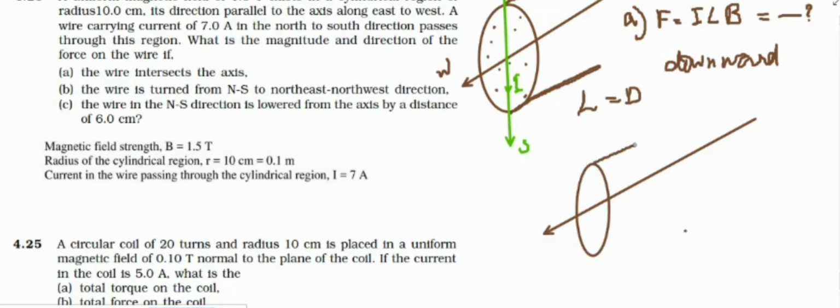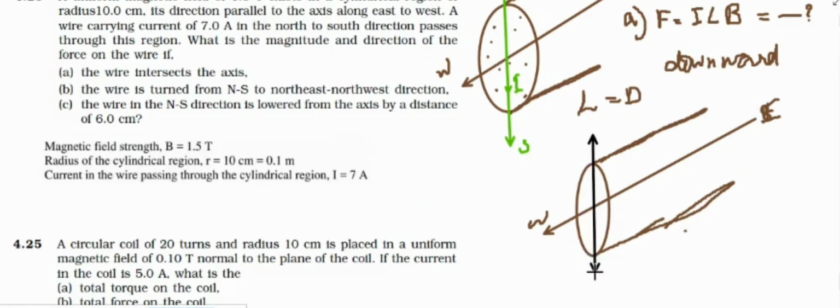Like this, the cylinder we can imagine. That cylindrical region, magnetic field is present. So west, east direction. Now here, north south direction.